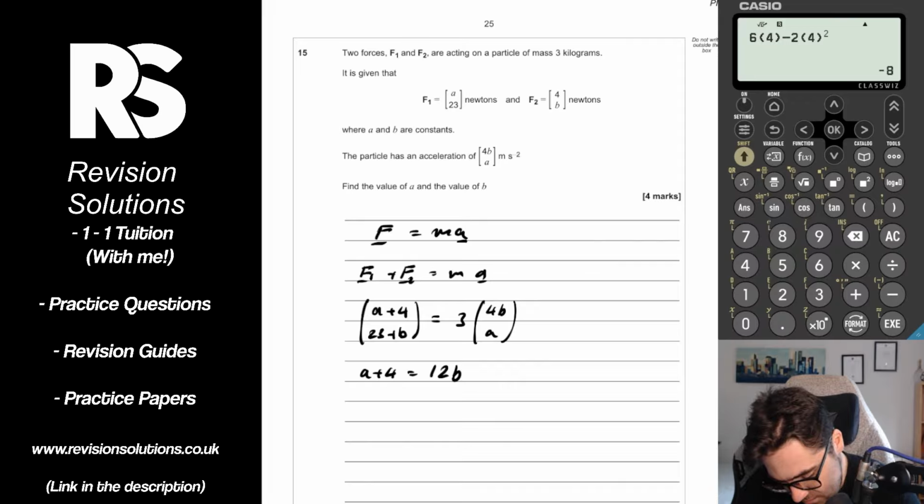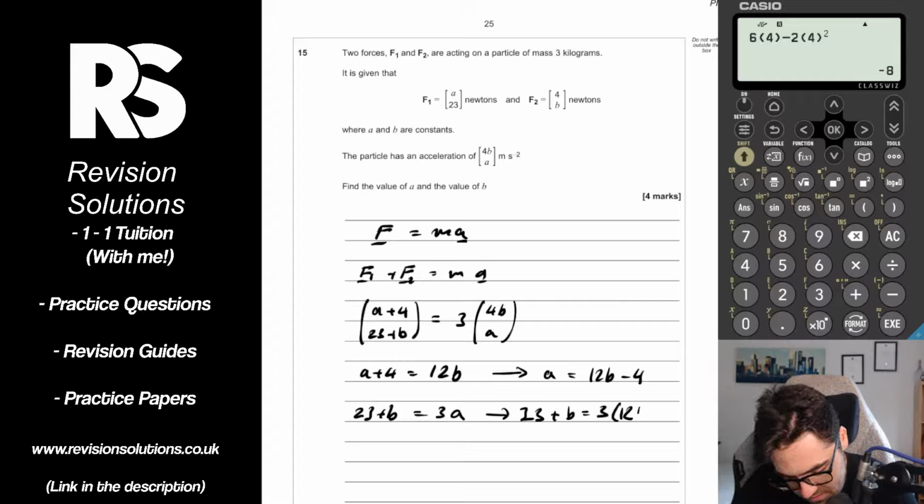Reading off the bottom line, we'd have 23 plus b would equal 3 lots of a. So now we've got a pair of equations we can solve simultaneously. So I'm going to rearrange this for a. A is then 12b minus 4. If we plug that into the second one, we'd have 23 plus b equals 3 lots of 12b minus 4.